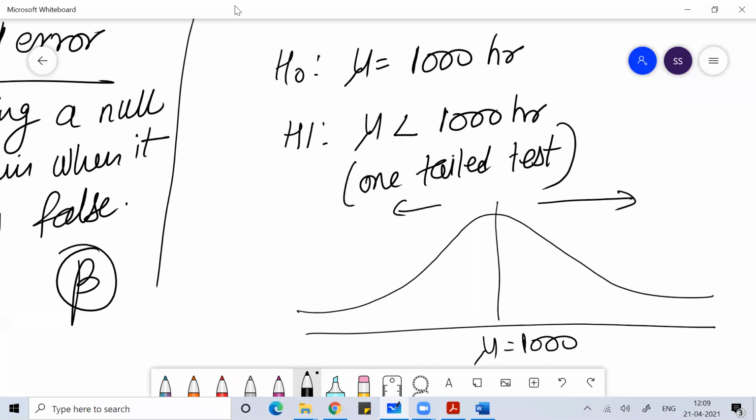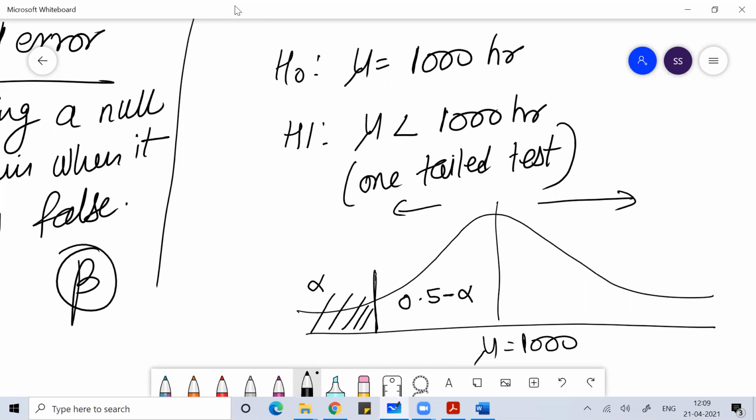I don't want the value to be less than 1000, so on that basis I'll perform my test. Here I have only one rejection region. Suppose this is alpha, then my acceptance region will be 0.5 minus alpha.